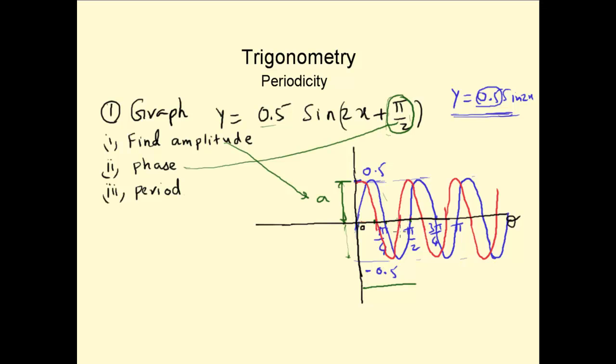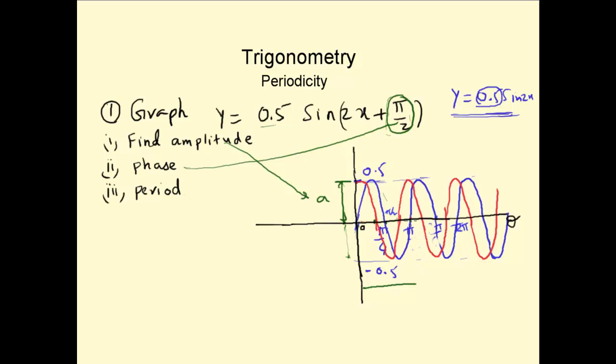This should be pi. So let's fix that and write it down again. This is pi by 4, this is pi by 2, this should be pi, and this should be 2 pi here, right?